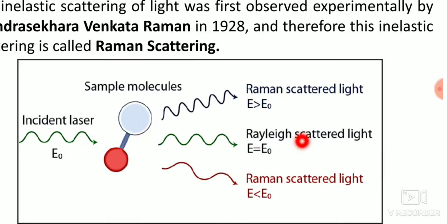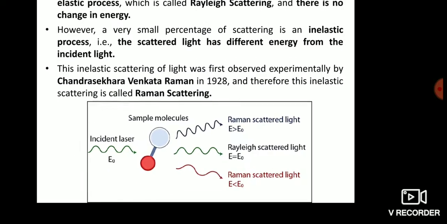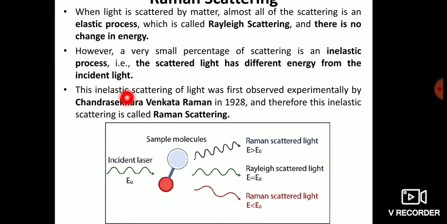Rayleigh scattering is this, and the deflection in light occurs either when E is greater than E0 or E is less than E0. Both the shifts are known as Raman scattered light or Raman scattering, right? This is inelastic scattering of light, and it was first observed experimentally by Chandrasekhara Venkataraman, or C.V. Raman, in 1928.